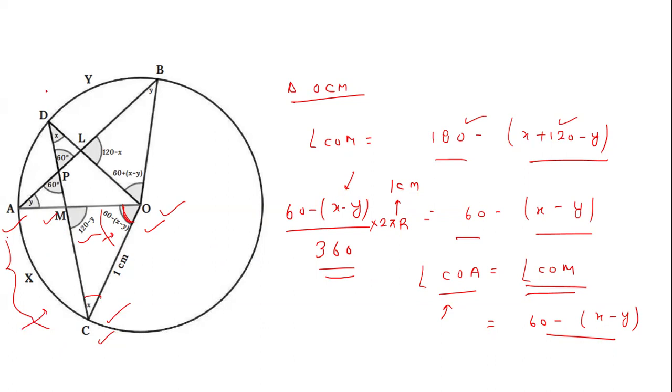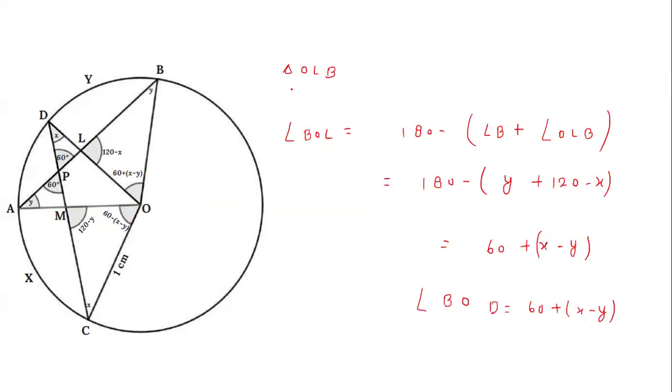Now if we also want to calculate the length of this arc, then we want to know this angle. What is this angle? You see the triangle OLB. This is O, this is L, this is B. Now we know this is 120 minus x, which we calculated from the opposite angle, and this is y. So now the remaining angle is 180 minus (angle B plus angle OLB).